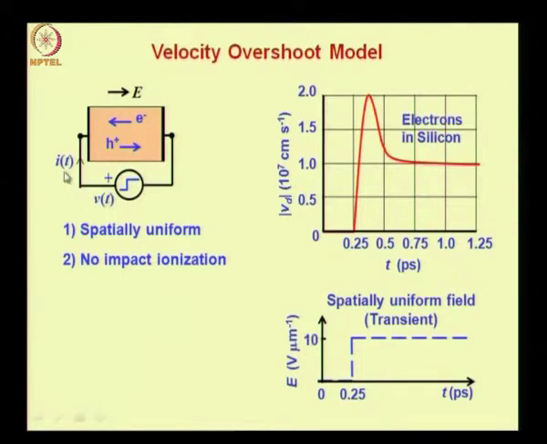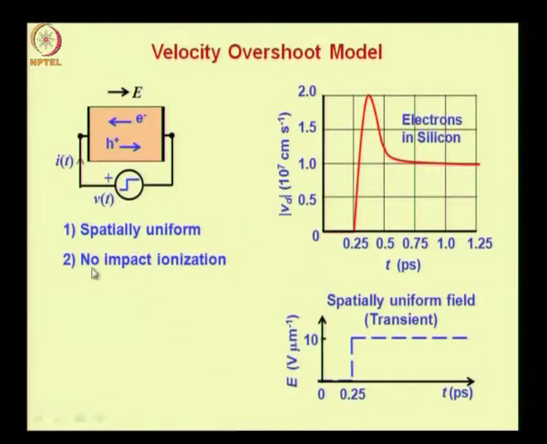As a result, there is a transient current, and this transient current, which is reflected in the drift velocity, varies as shown here. So it goes up and it overshoots the saturation value. This is the electric field step because of the applied voltage.